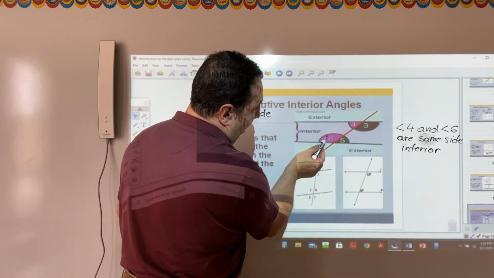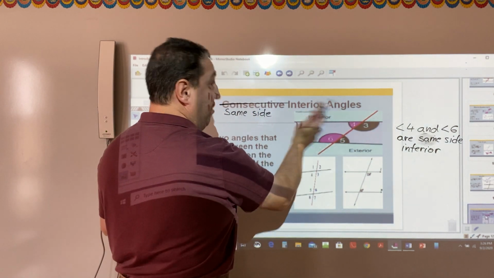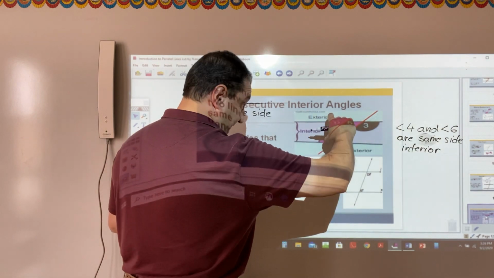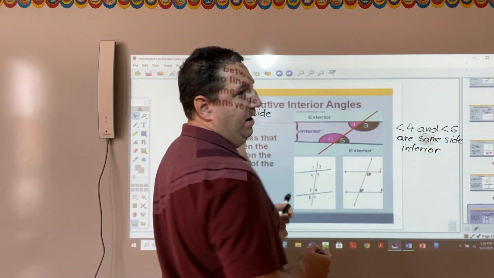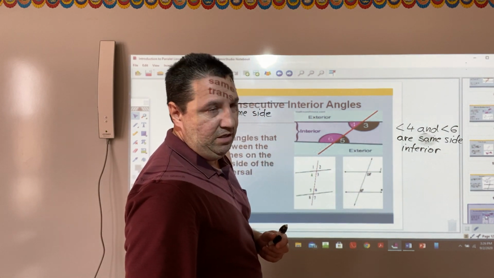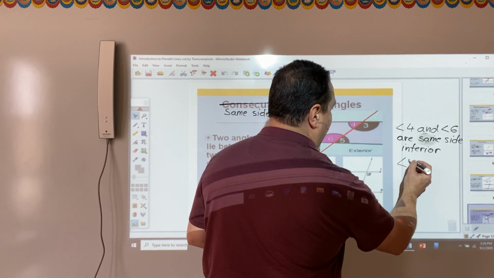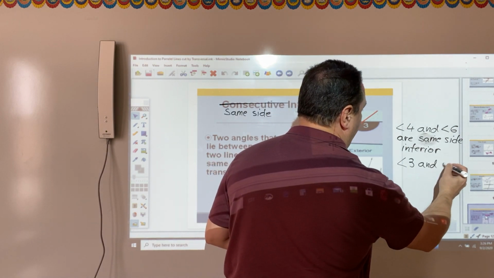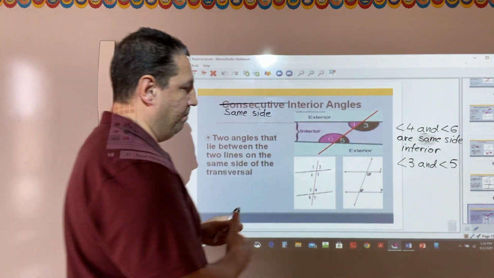As you can see, they are on the same side of the transversal. Both are on the left side, and they are inside between the parallel lines. Another pair of consecutive or same side interior are angles 3 and 5. Good.